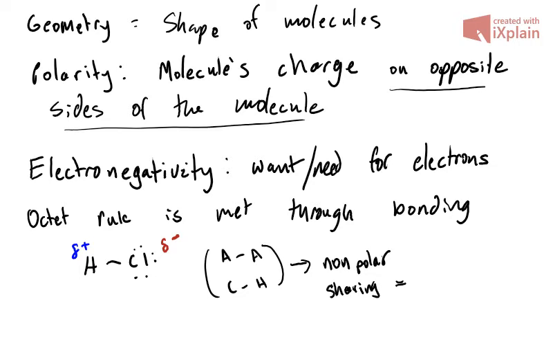And that is the gist of polarity. This bond right here is polar. It has opposite sides of the bond with opposite charges. Does that make sense? Now as you can imagine, this affects how it interacts with other molecules.